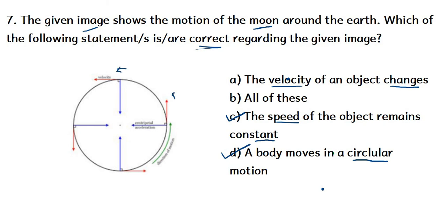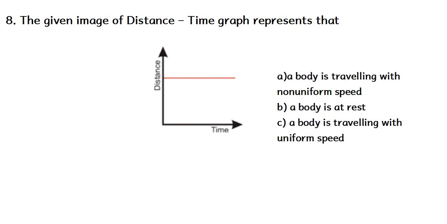We can observe that at every point the direction of the object is changed, so the velocity of the object changes. So all three statements are correct, and we can take all of the students' statements as correct.